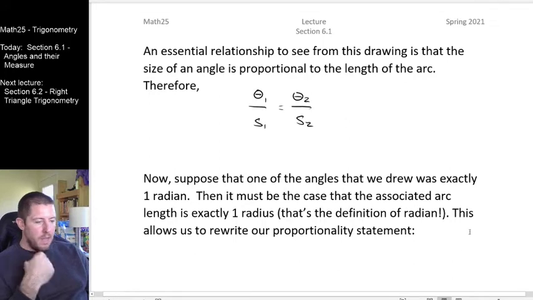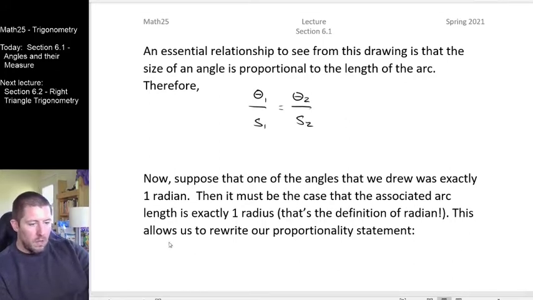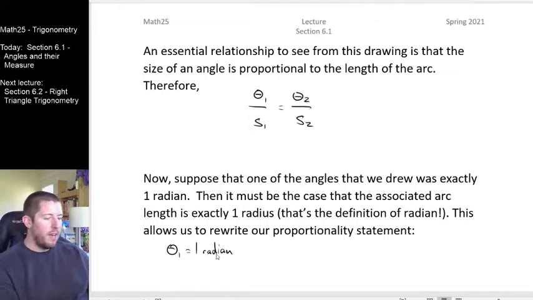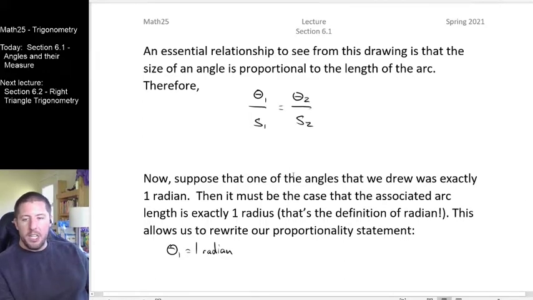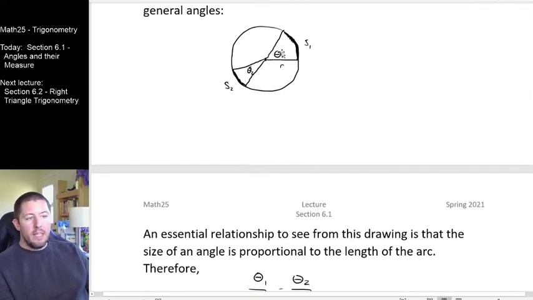Then what that's telling me is, if theta 1 is 1 radian, and by the way, a very important thing here, I'm measuring theta in terms of radians right here. Well, remember what the definition of a radian is. A radian is the amount of angle that we sweep out when our arc length is exactly equal to 1 radius's worth of length.